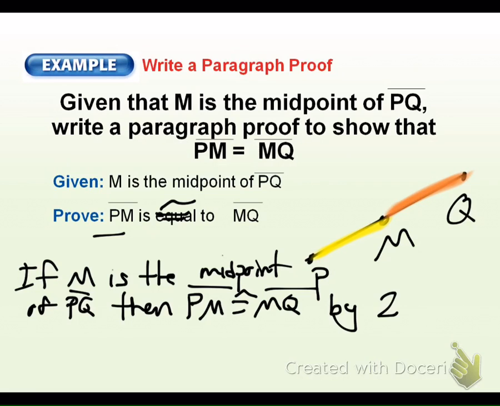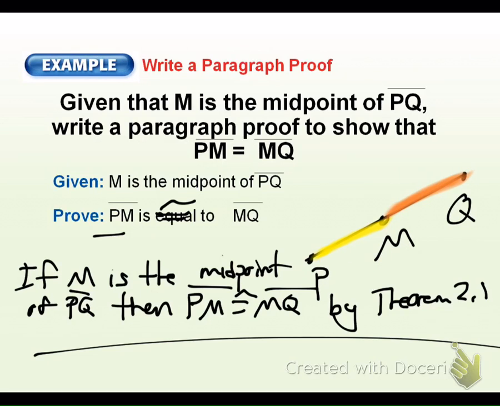Exactly. By theorem 2.1, the midpoint theorem. The midpoint theorem says if you have a midpoint, then both those segments are congruent. So there's my proof. I just proved that to be true, backing it up with a reason. If M is the midpoint, then PM is congruent to MQ by theorem 2.1, which is the midpoint theorem.